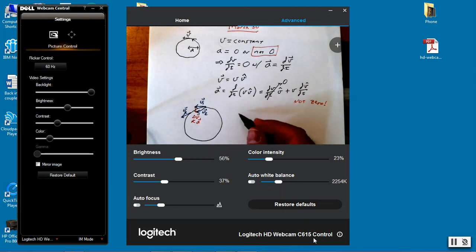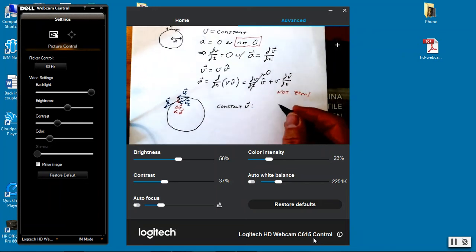Okay, so there's a little confusing terminology here. When we do have a constant velocity vector, that is sometimes referred to as uniform motion.